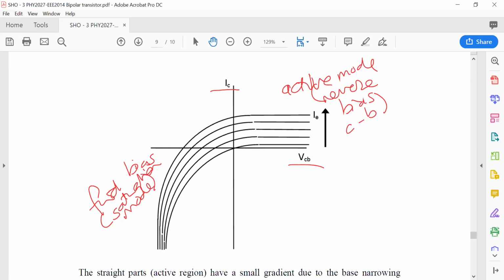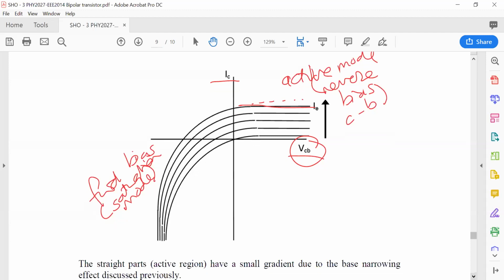These straight parts here are ideally straight, but actually they do have a small gradient. If you remember, that's because they increase as you increase the reverse bias on the collector base junction. That's called base narrowing, as we have discussed.